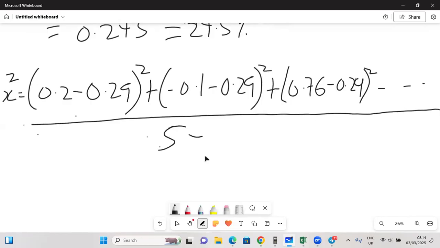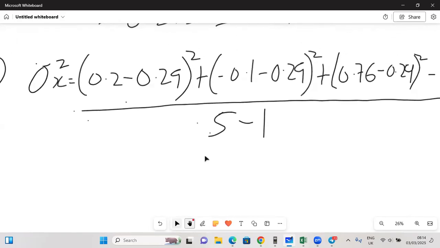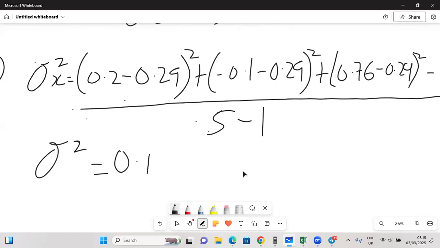N is 5, so 5 minus 1, right? So when you do it, let me see, you are going to get the variance to be equal to 0.1988.